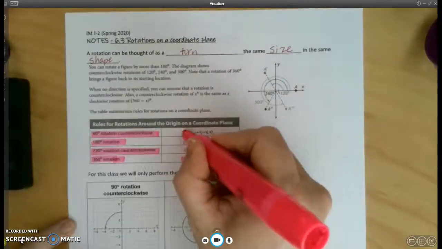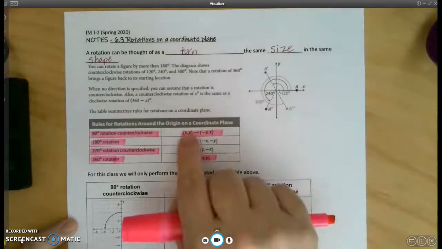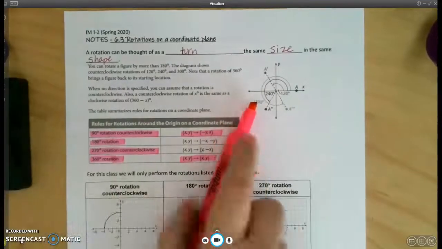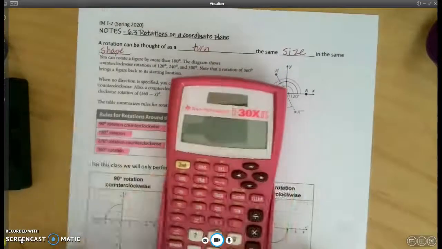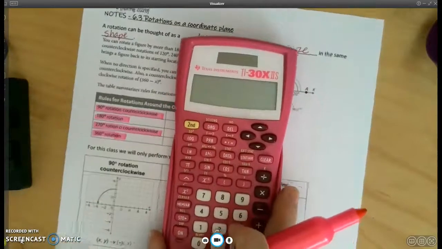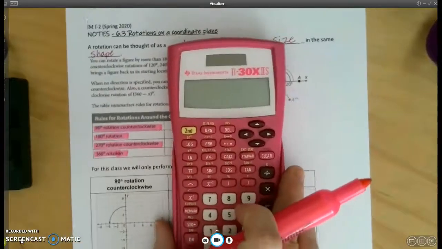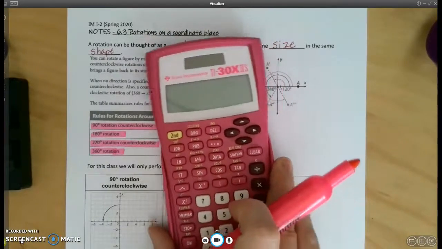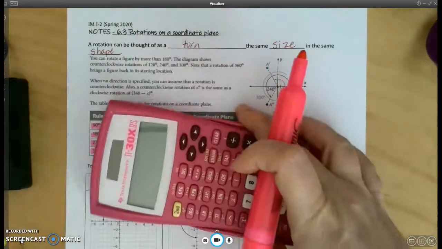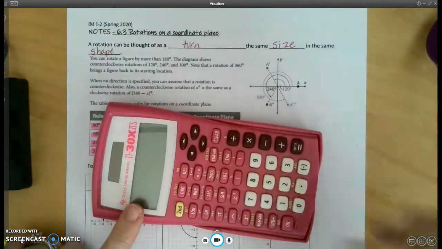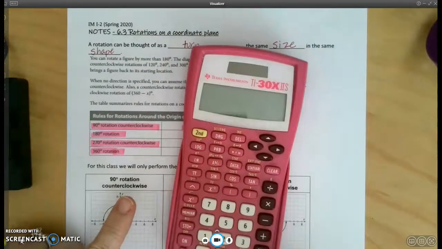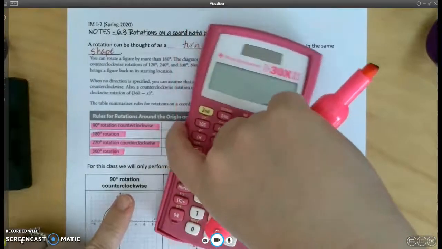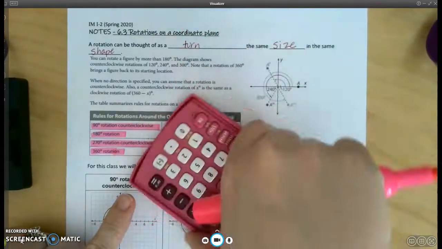When we have a 90-degree rotation counterclockwise, let me go back to my calculator. 90 degrees counterclockwise means taking my calculator, trying to get it straight here, the display is over here on the left. Okay? That is the same as if I rotated it clockwise.